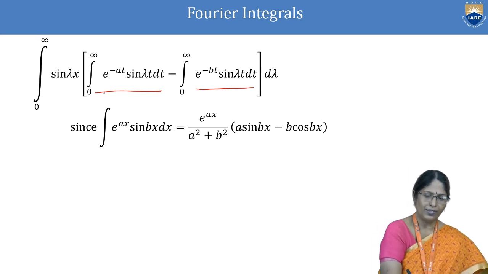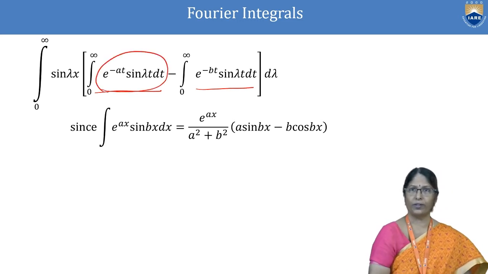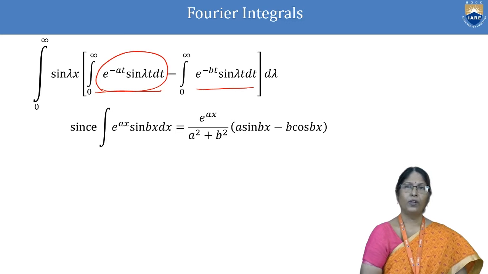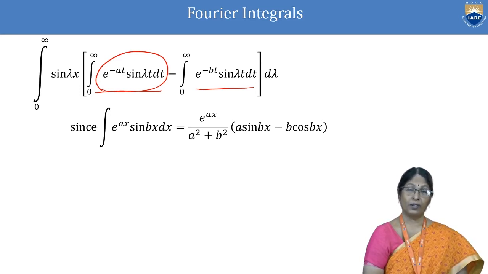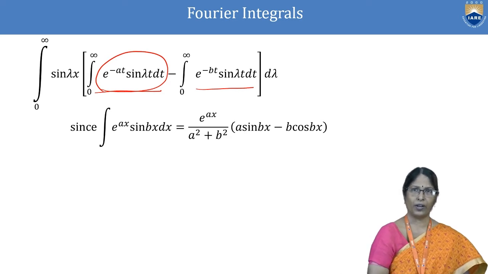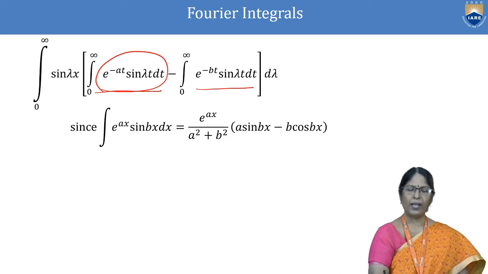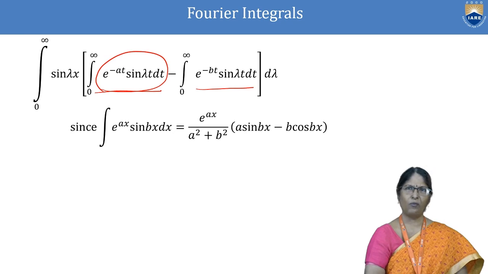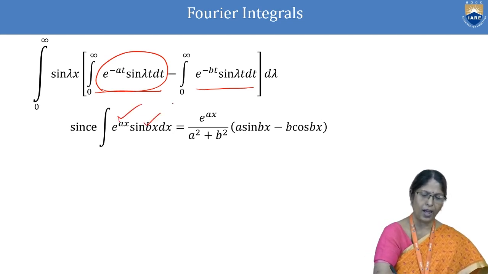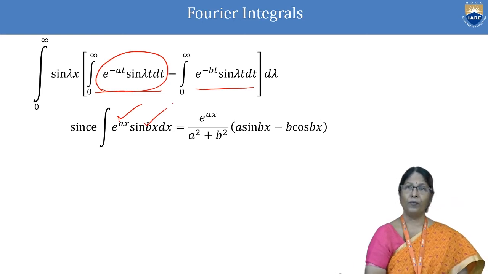Now, this integration, how to do it? In the lower classes we studied integration by parts, the UV method, and different methods to solve integrations. Now, there is a mathematical formula for the combination of exponential and trigonometry, which we can take and solve easily.